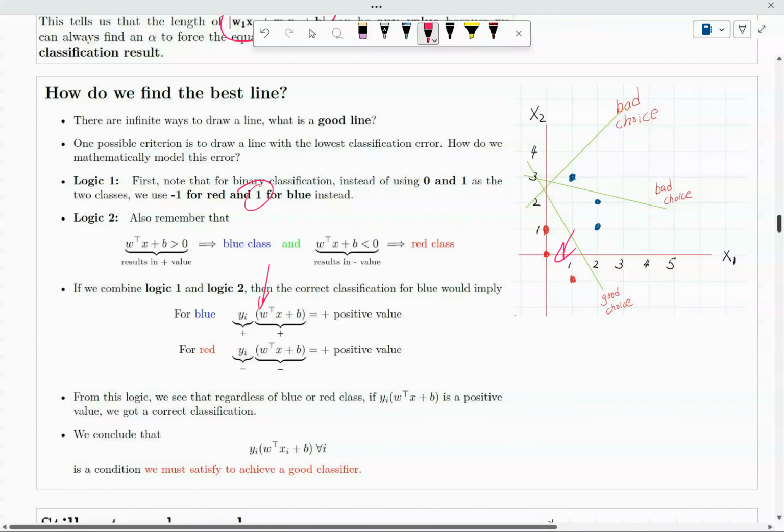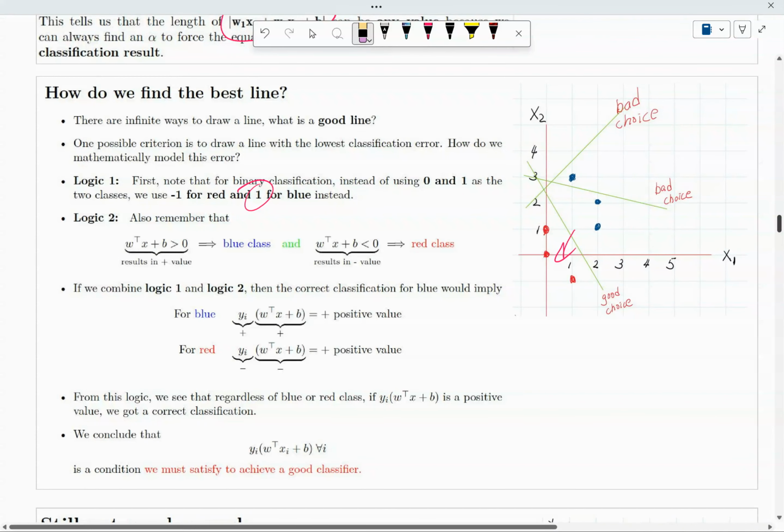However, if you pick the wrong one, then this is going to be a minus, resulting in a minus. So if you did a correct one, the multiplication of this will give you a positive value for blue points. The multiplication for red points should also give you a positive value. Therefore, whatever this is, if you make it as positive as possible for every single sample, then this essentially will measure the correctness.